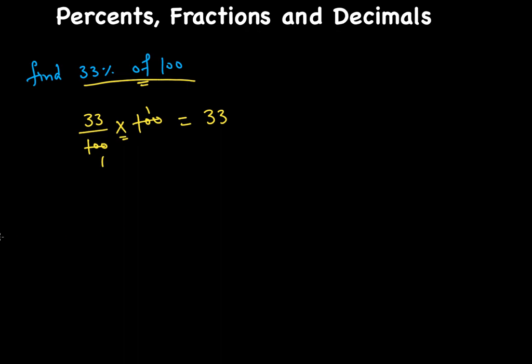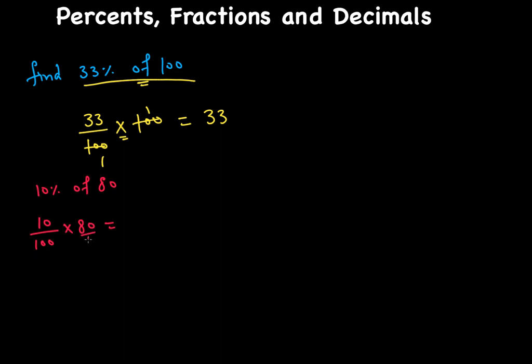Let's say 10% of 80. So calculate or find 10% of 80. 10% is 10 out of 100, and "of" again means multiplication, times 80.